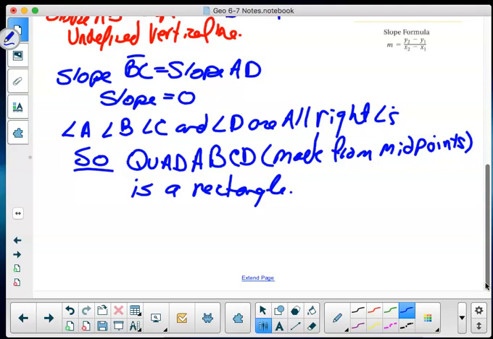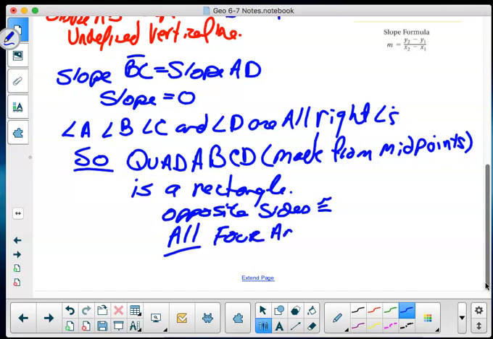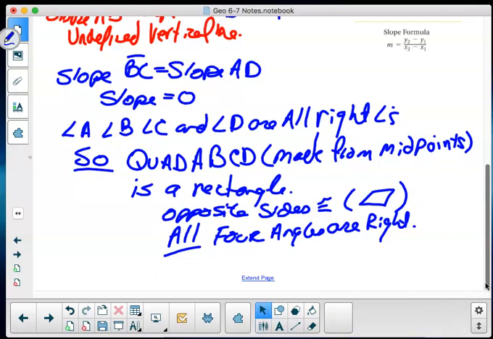Okay, remember, opposite sides are congruent. All 4 angles are right. Remember, the opposite sides being congruent said it was a parallelogram. But all 4 angles are right means it's a rectangle. And that's what we're coming up with. Okay, so that's how I know the things I know about that particular shape.